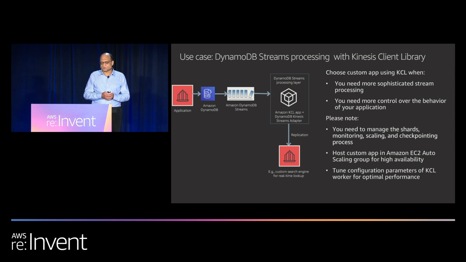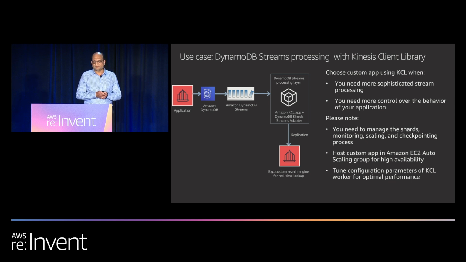Now, there are a couple of things to note while you develop your app using KCL. You need to manage and monitor the shards. You have to manage the checkpointing process, and you're responsible for scaling of the KCL workers. You may need to host the custom app in an EC2 auto-scaling group for high availability.